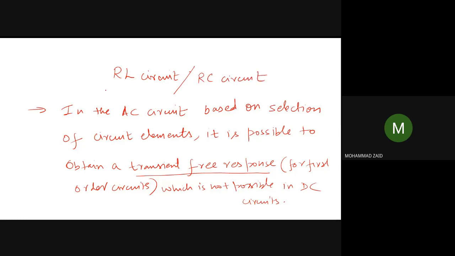That means we can have a situation in which the circuit does not go through the transient part, but directly reaches the steady state part. Let's see how it will happen. So let us start with the first circuit, which is the RL circuit, and similarly, you can also derive it for RC circuit.